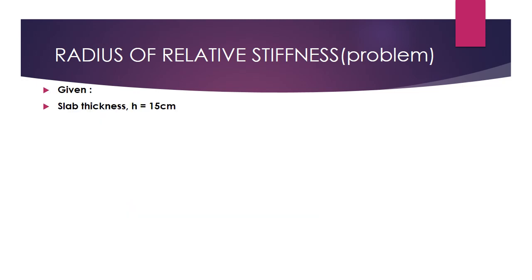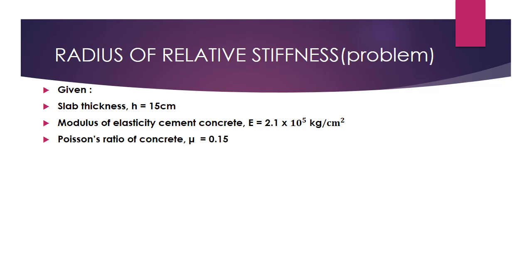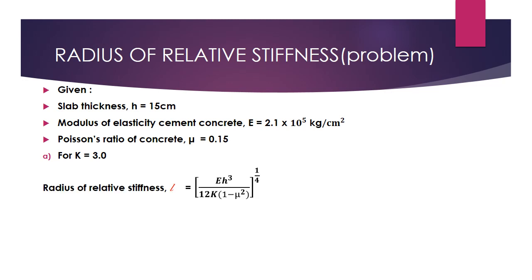So the given data is slab thickness H equals 15 centimeter, modulus of elasticity of cement concrete E equals 2.1 into 10 to the power 5, and Poisson's ratio is 0.15. Now for K equals 3 kg per centimeter cube, the radius of relative stiffness L is given by the formula, E H cube divided by 12 K into 1 minus mu square, whole to the power 1 by 4.